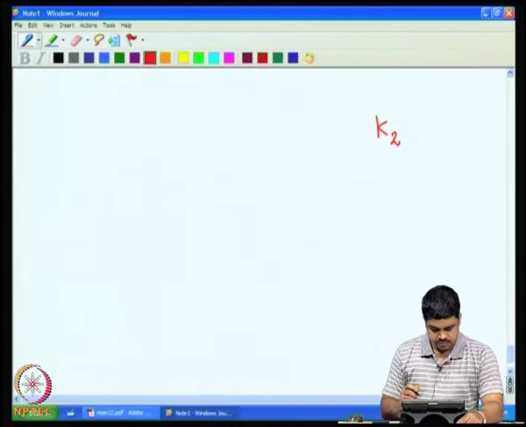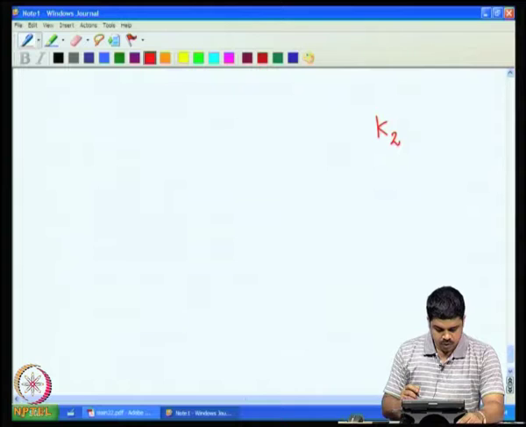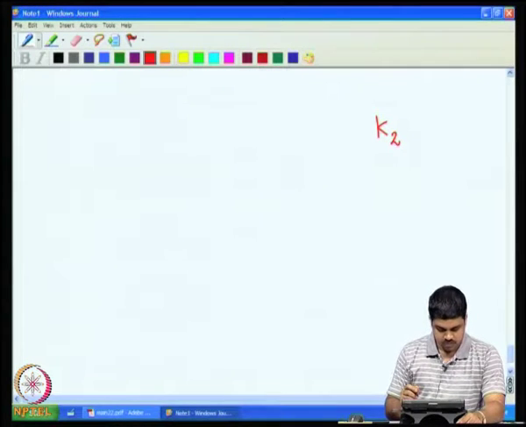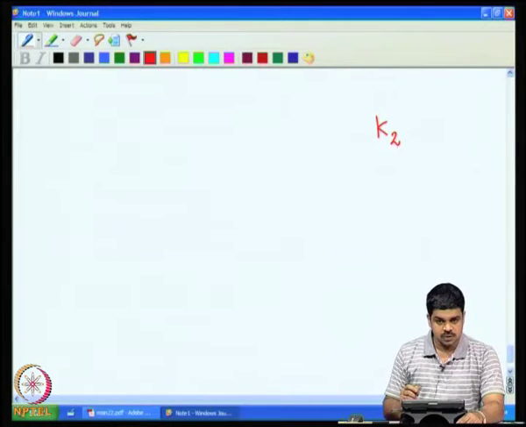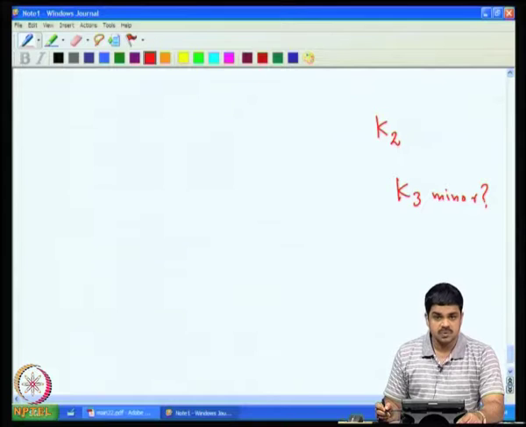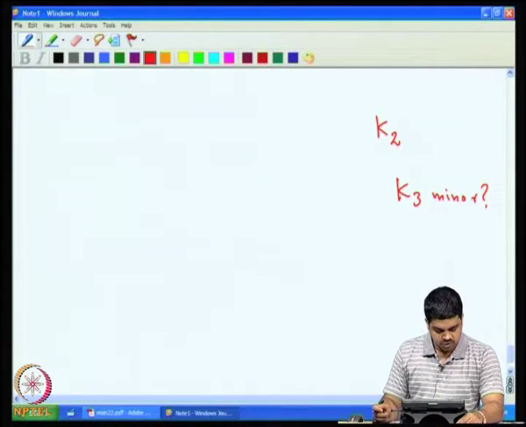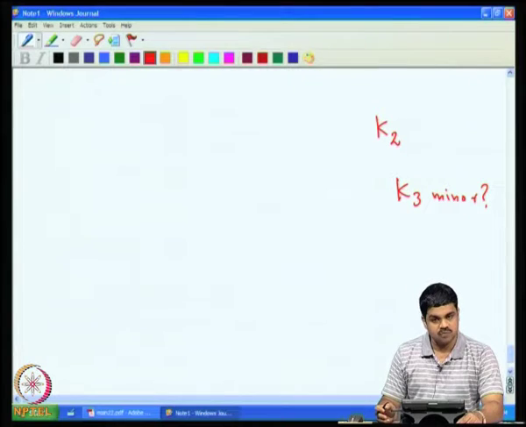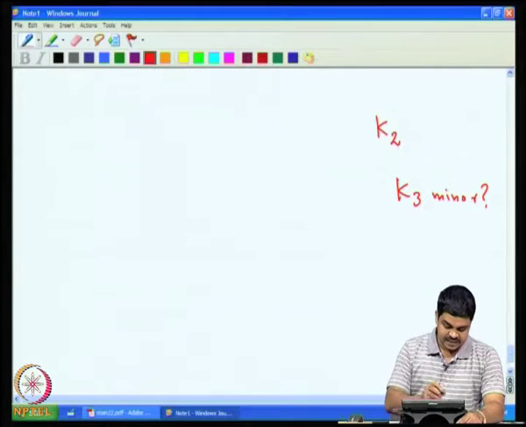Now, what about 3 chromatic graphs? A 3 chromatic graph, does it have a K3 minor? It is not difficult to see that. Of course, 3 chromatic means it cannot be colored with 2 colors, so it is not a tree or forest. There should be a cycle somewhere in the graph; it is not an acyclic graph.